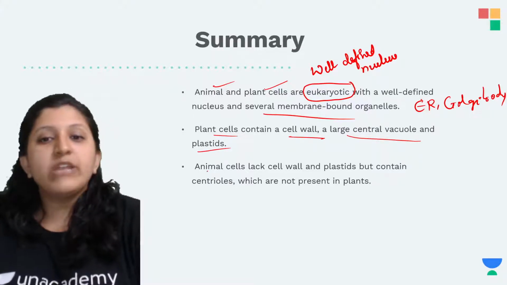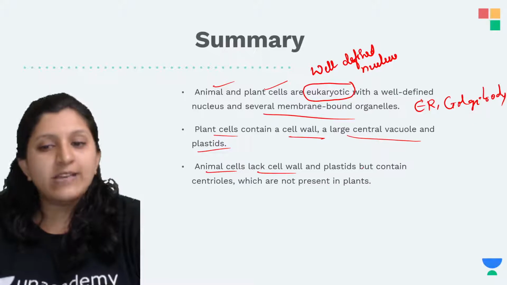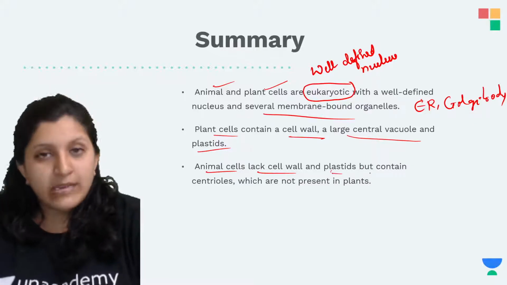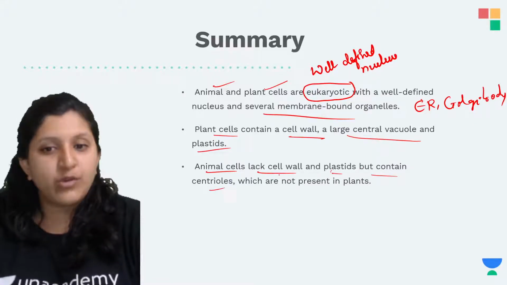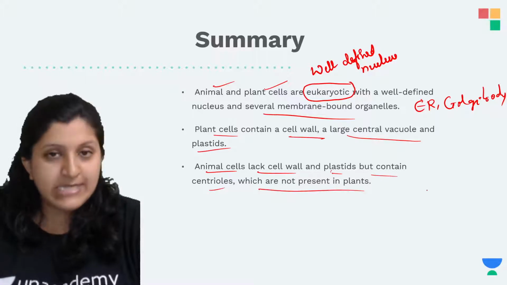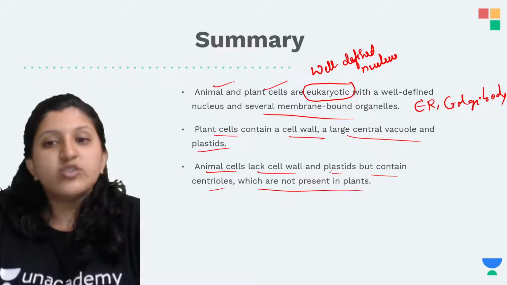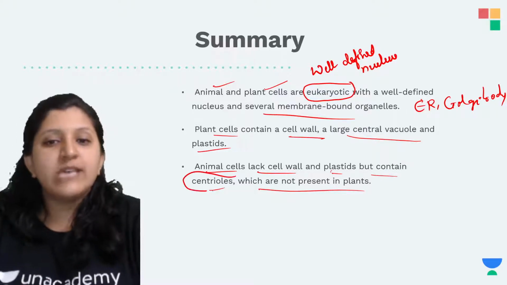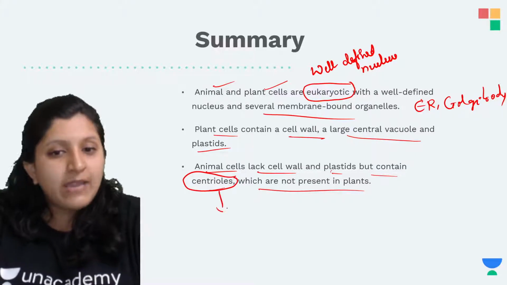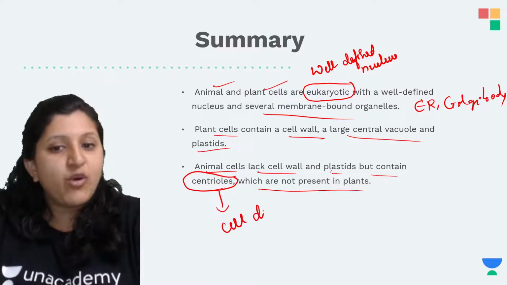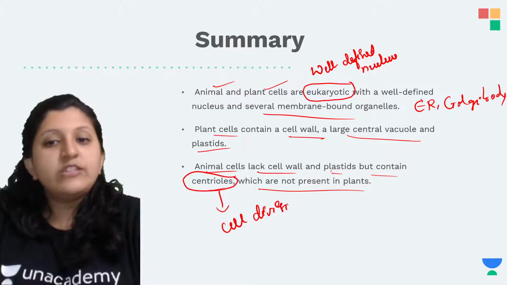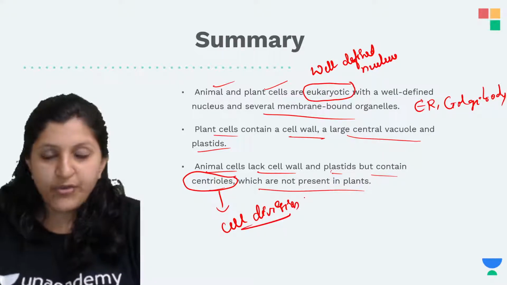Now animal cells lack a cell wall and plastids, but contain centrioles, which are not present in plants. This centriole in animal cells is mainly there for cell division, and we do not find it in plant cells.